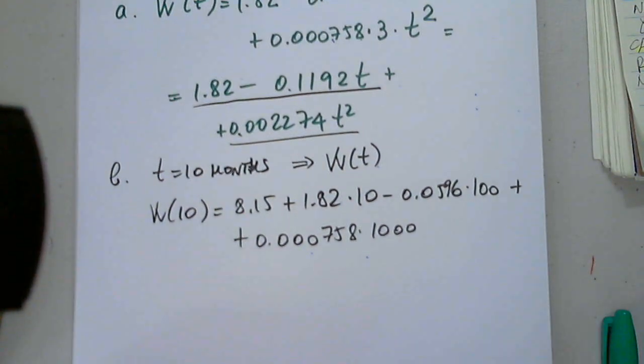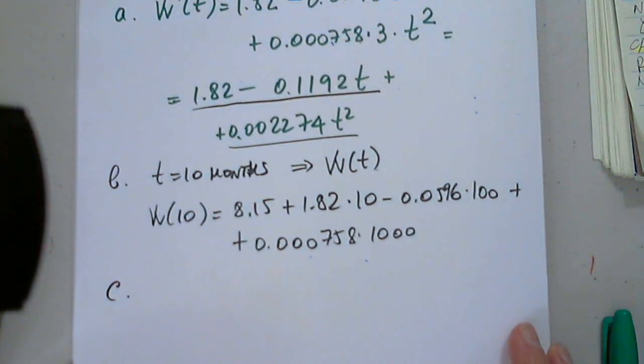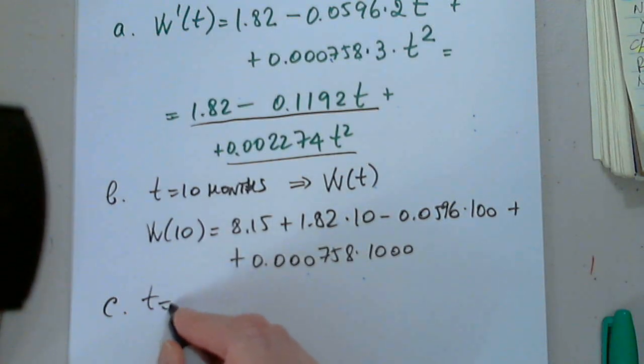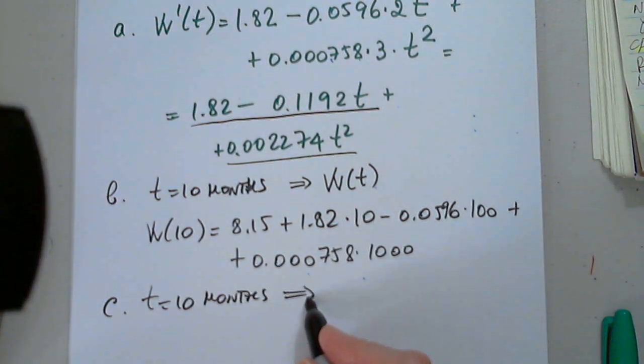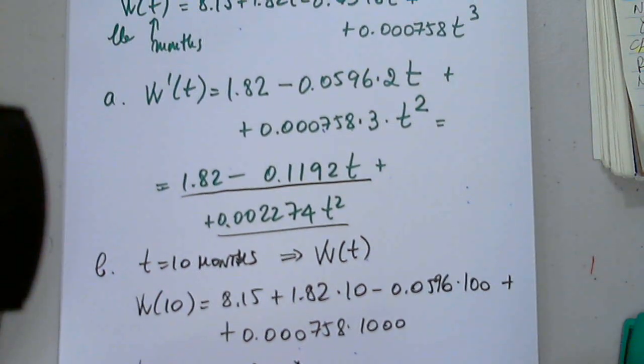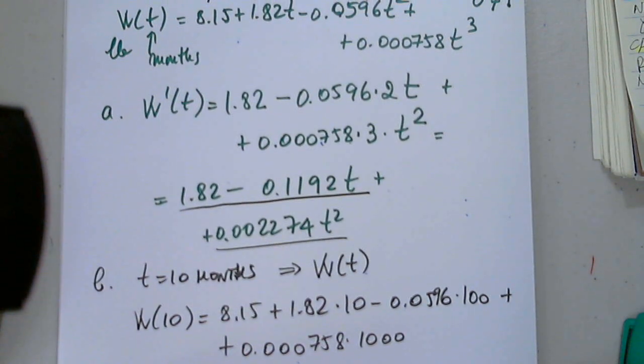Perfect. So in part C, can anyone tell us again, what do I need for T equals 10? What do I determine now? The instantaneous rate of change.